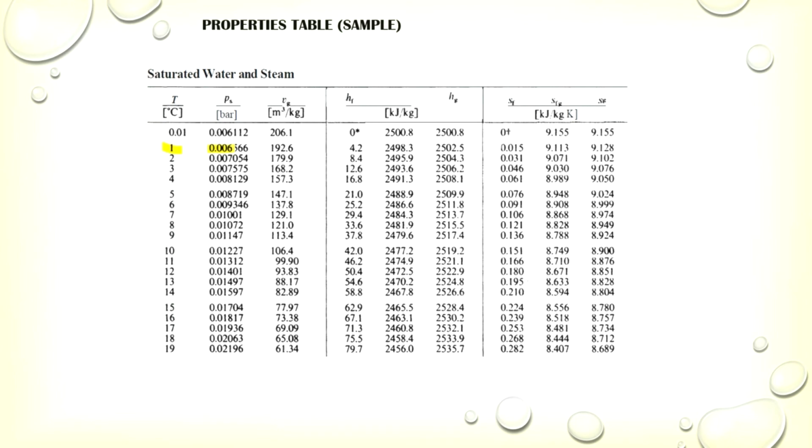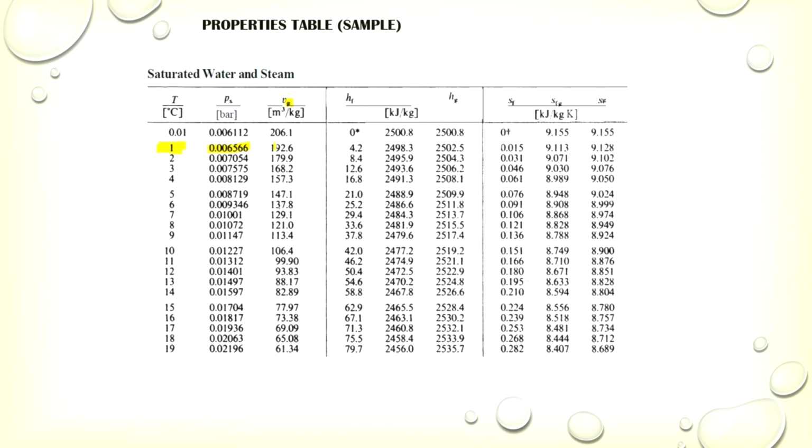So at this pressure, we say the water will boil at this temperature. This is Vg. You can see the subscript G here. This subscript G means dry saturated vapor.